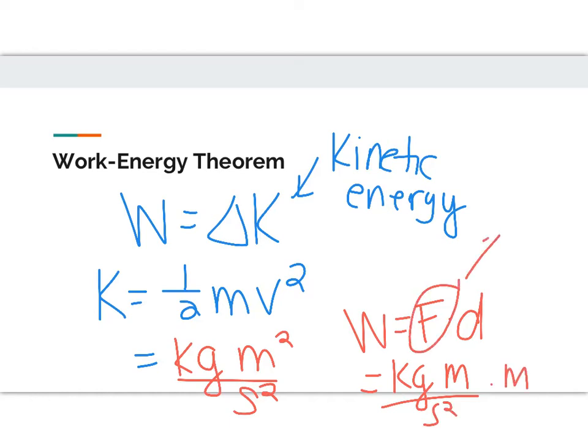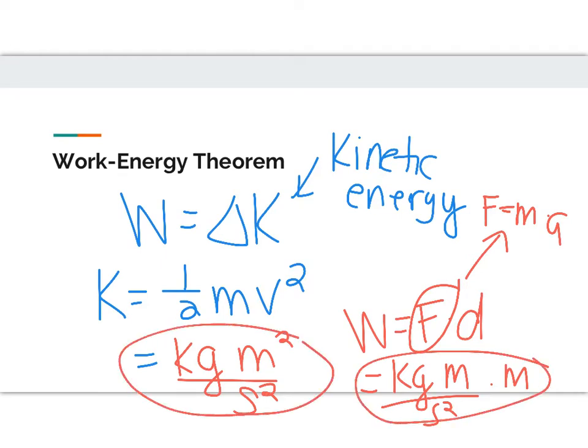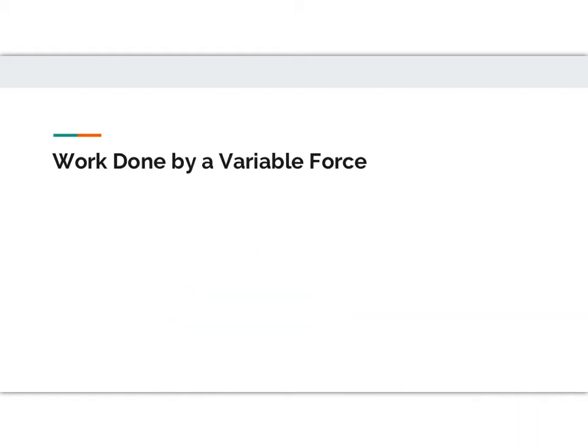Remember, I get this from F equals ma. So if I look at this, I actually have the same exact unit. So for both work and energy, I have the same unit, which is a joule. So I have my kinetic energy, K equals 1/2 mv squared.